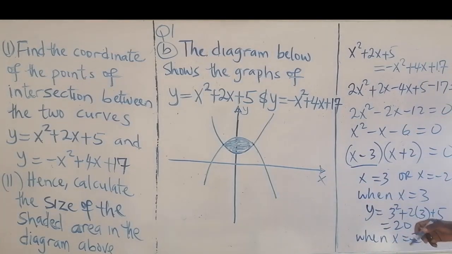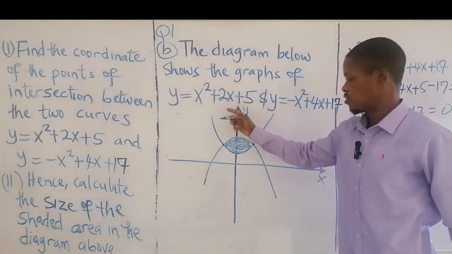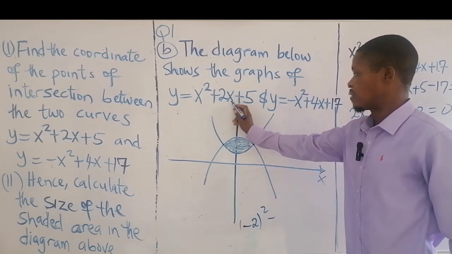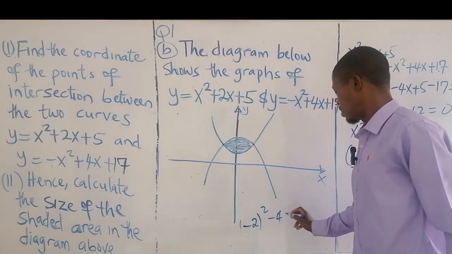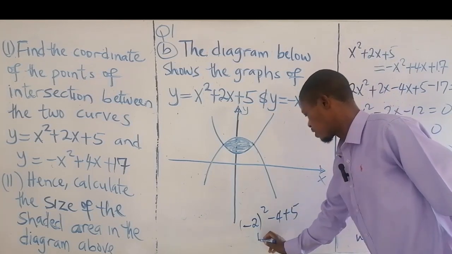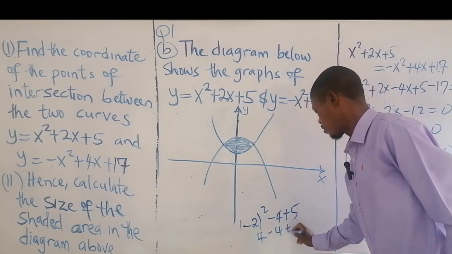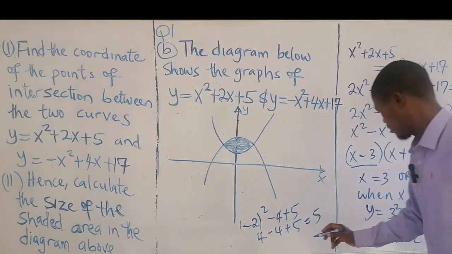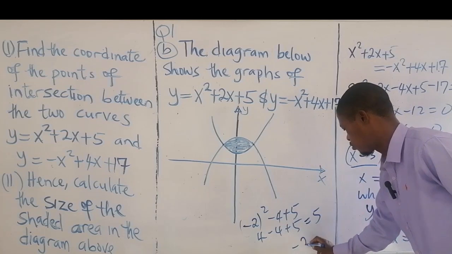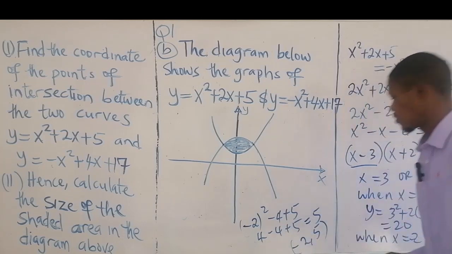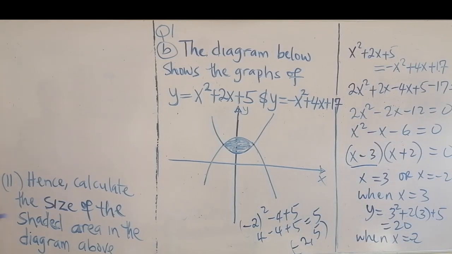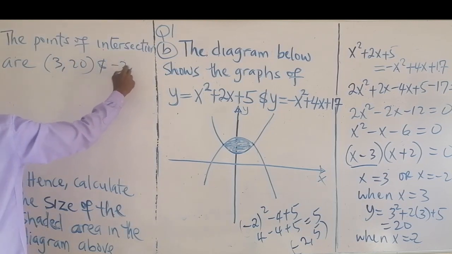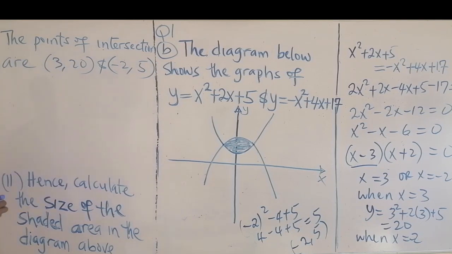When you plug in x equal to minus 2, you have minus 2 squared minus 2 times minus 2, that's minus 4, and then plus 5. So that gives us 4 minus 4 plus 5, which is 5. So the coordinates when x is equal to minus 2 will be minus 2, 5. The points of intersection are 3, 20 and minus 2, 5.